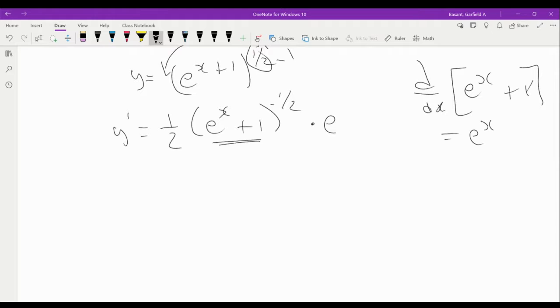So I have to times this by e to the x. So your answer does look right. So it's e to the x all over 2 times e to the x plus 1 to the 1/2 power. Because of the negative exponent, we just moved that one to the bottom.